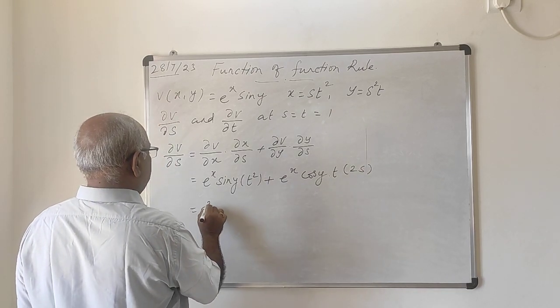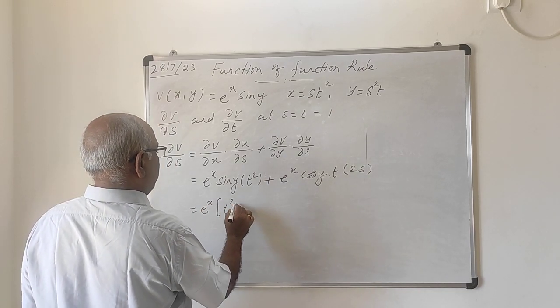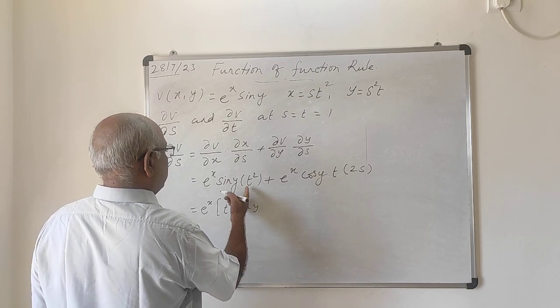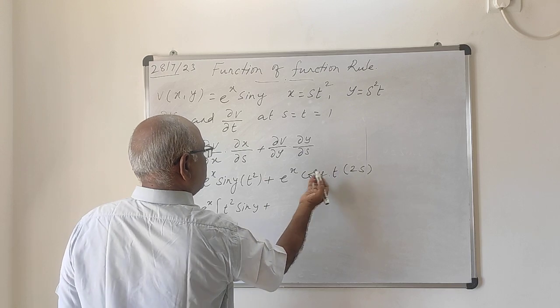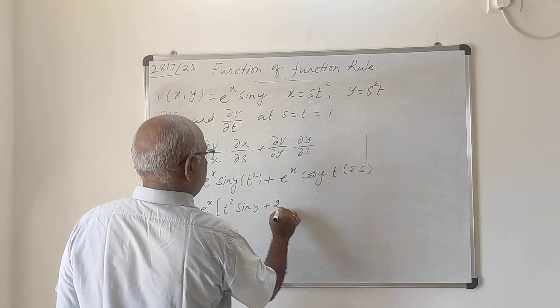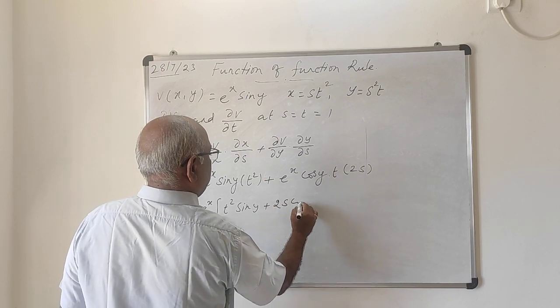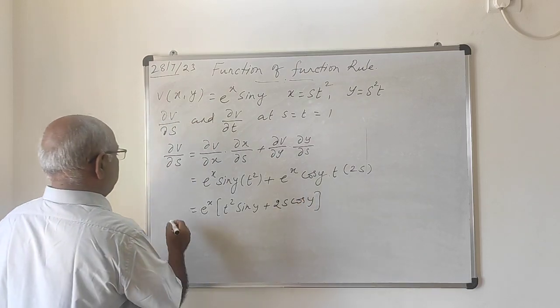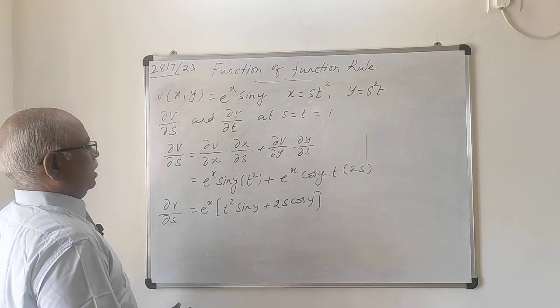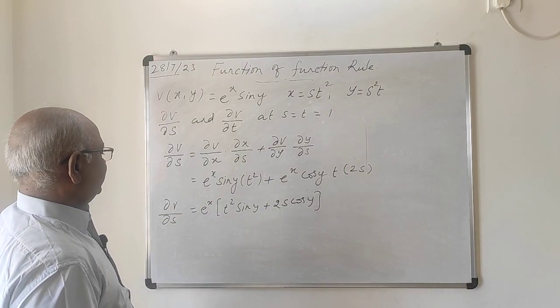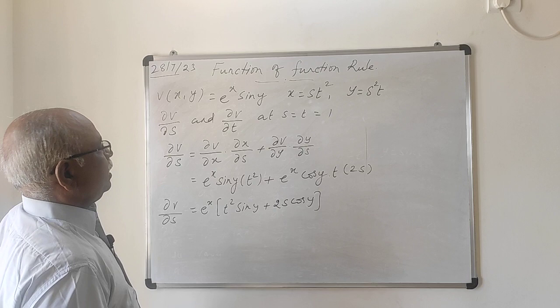I can take the common term. I will get e power x into t square sin y plus 2s cos y. This is dou v by dou x, dou v by dou s. We want to replace x and y in terms.